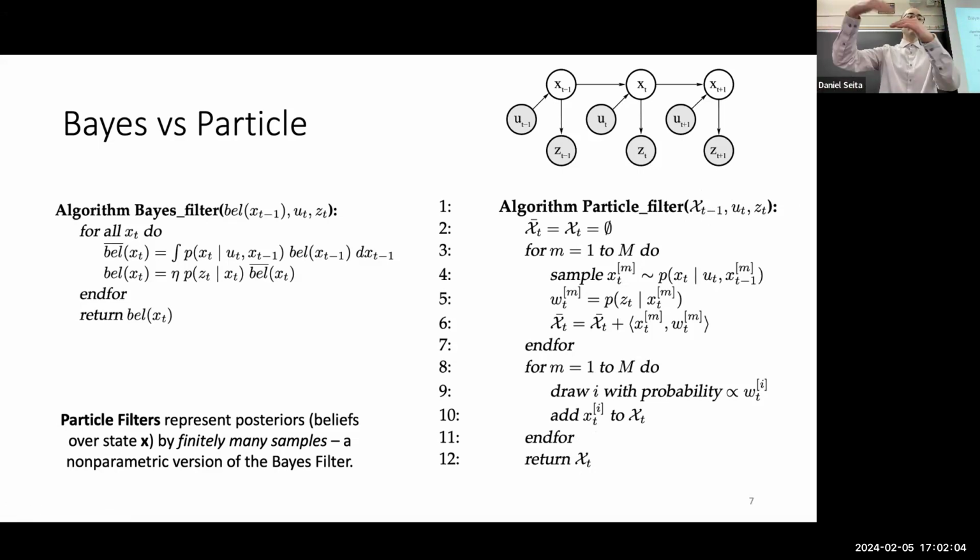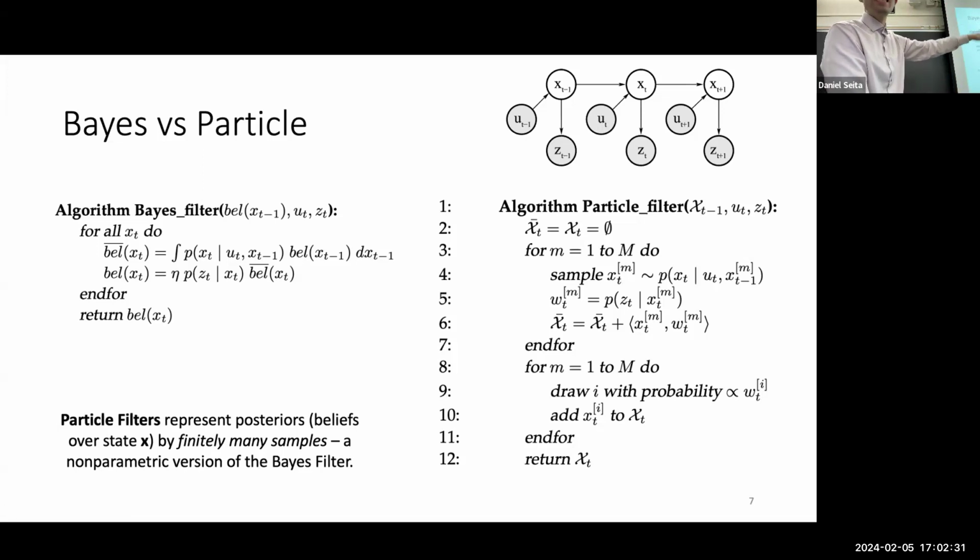Like the Bayes filter and the Kalman filter, it is recursive. It takes in the control and the sensor reading, and it takes in your prior belief, which in this case is the big xt minus 1 thing. This is the rough code, but for this slide, just look at the input and output.